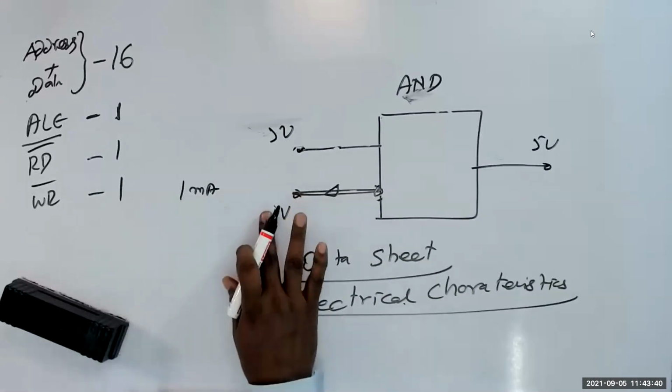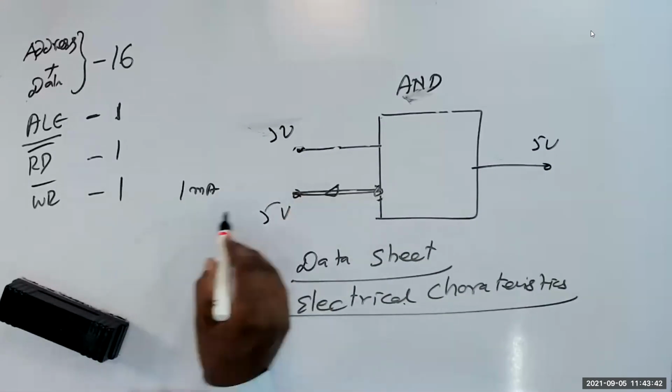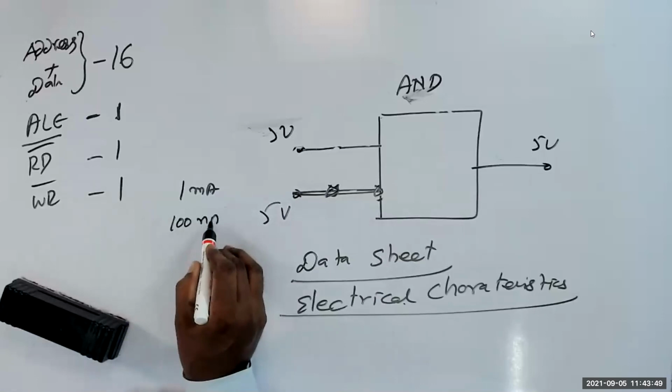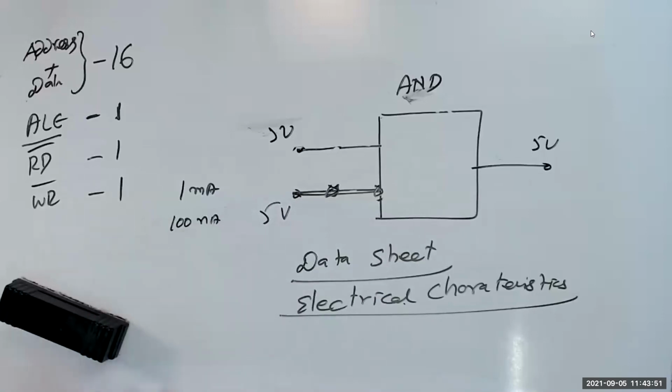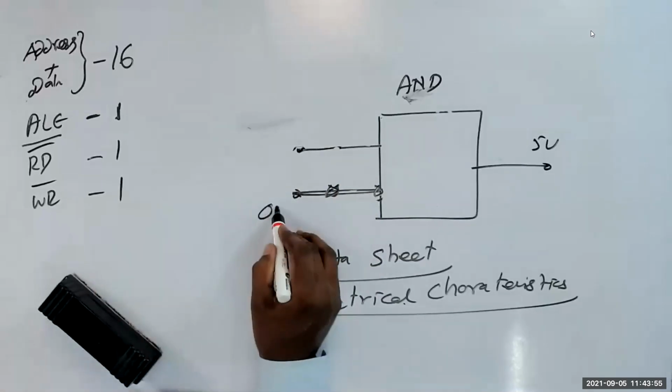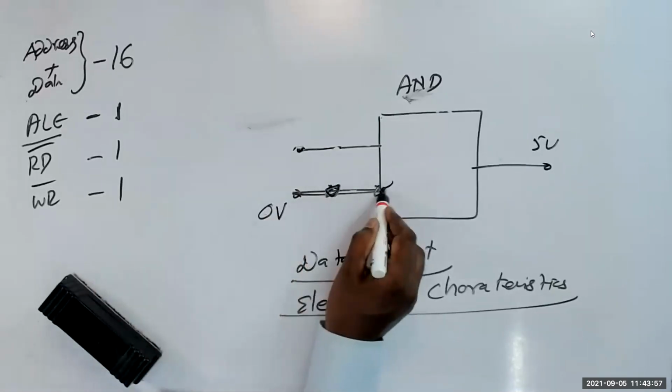When it is 5 volt, the current input is going to be maybe 10 or 100 nanoampere. It will be very, very low. So what is happening is, when I make this a 0, I'm consuming more current.